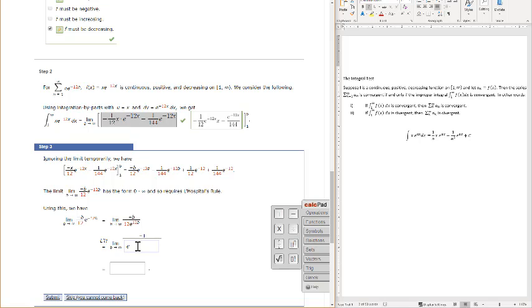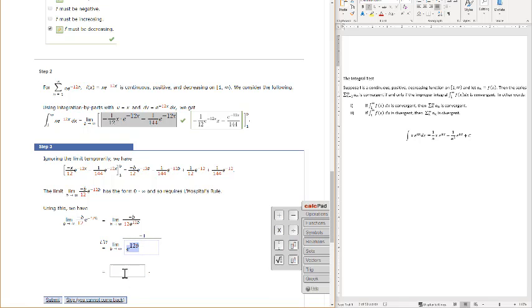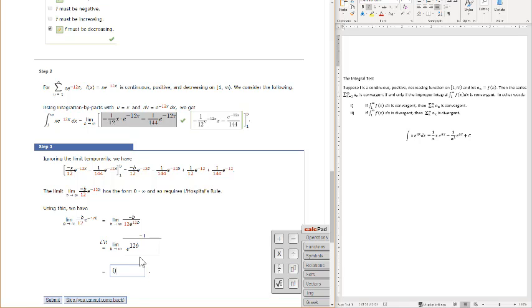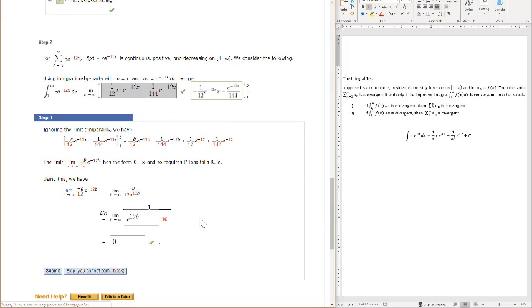So I think that's just going to be e raised to the 12b power. And now we're going to let this go off to infinity. This whole thing is going to go to infinity, and 1 over infinity will go to 0. So that's going to take care of that limit, hopefully.